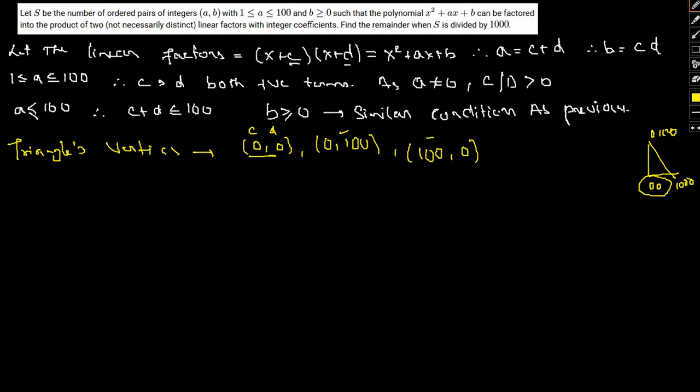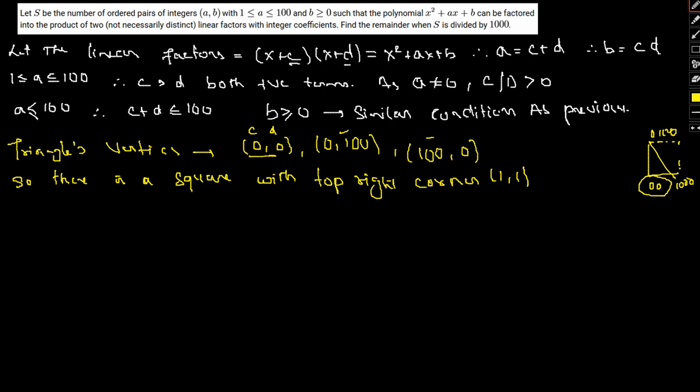If we consider the top right corner in the figure, this will be (1, 1), and it represents a square with top right corner (1, 1). I hope this is clear.